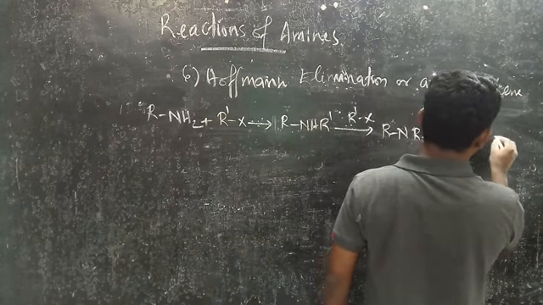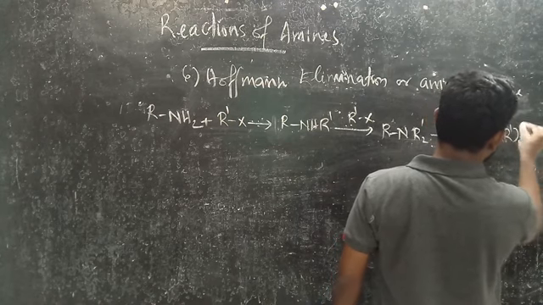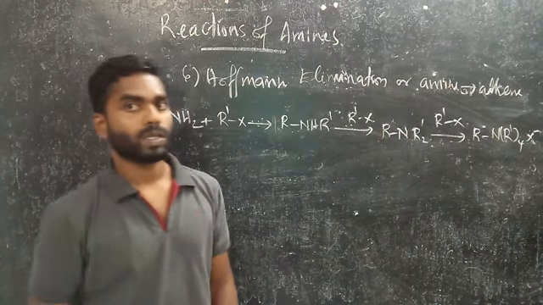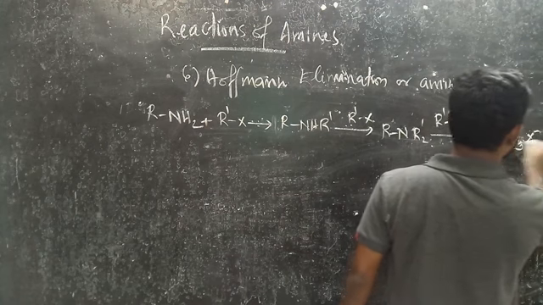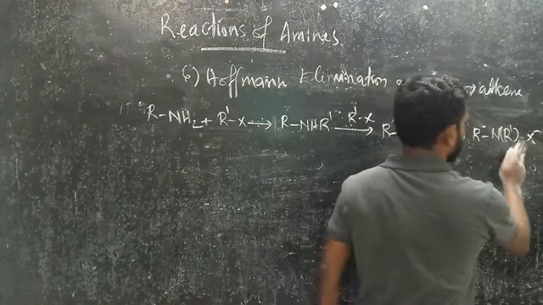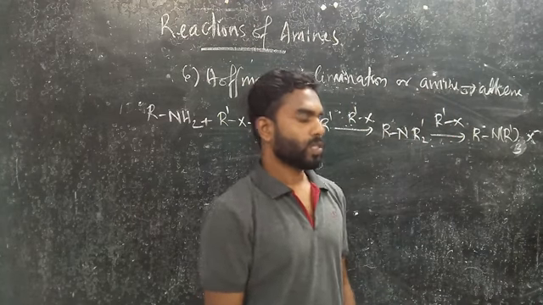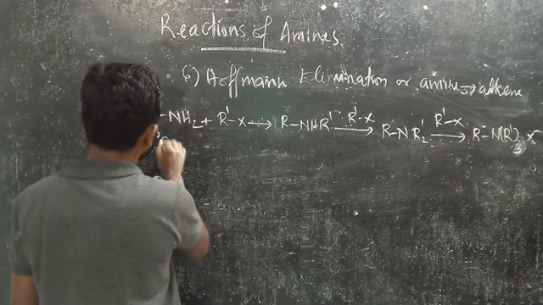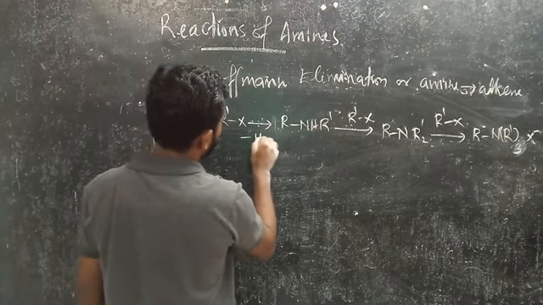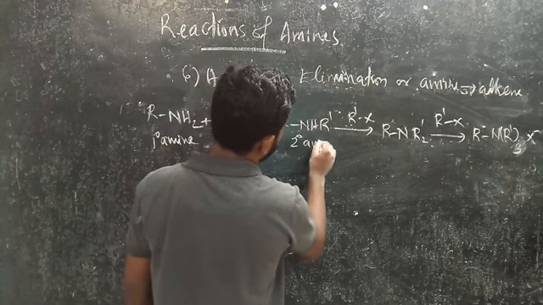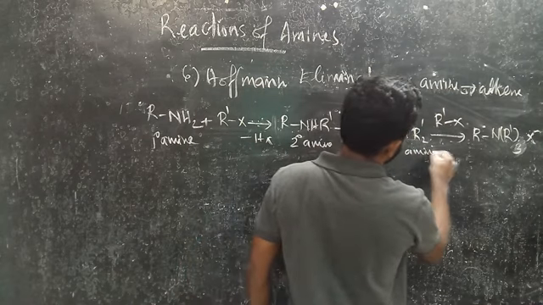Then we get the quaternary ammonium salt, tetraalkyl ammonium halides. First we get the secondary amine, then minus HX the tertiary amine, and finally the quaternary ammonium salt.